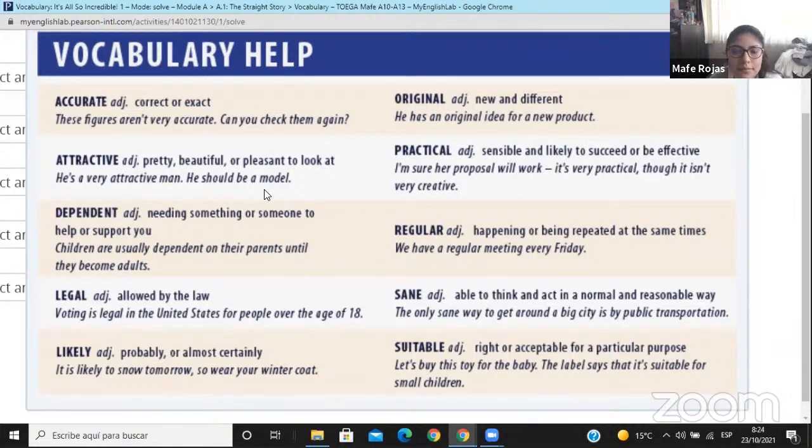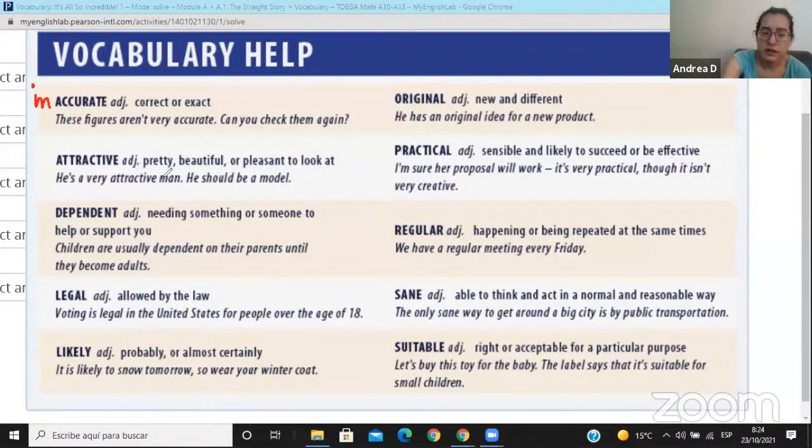Okay, now the negative of that is inaccurate. That's so inaccurate. That means it's not precise. Now we have attractive. I'm sure you know that one. But the negative will be not precise. Imprecise.